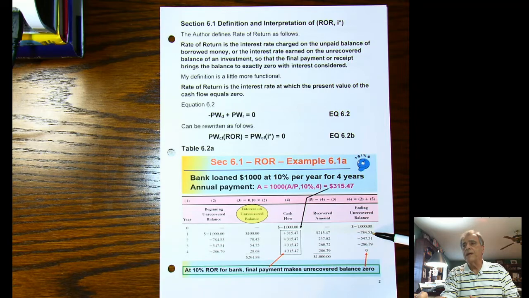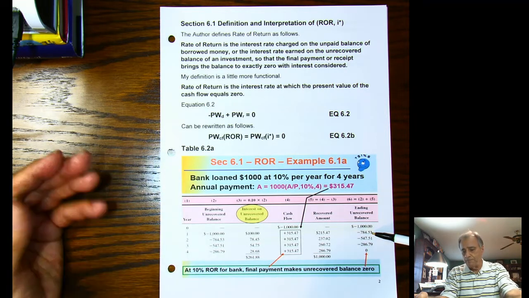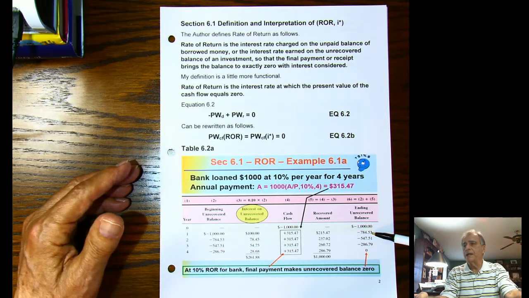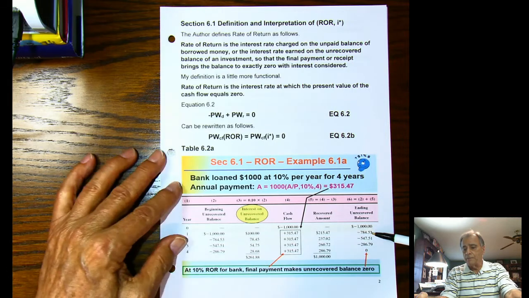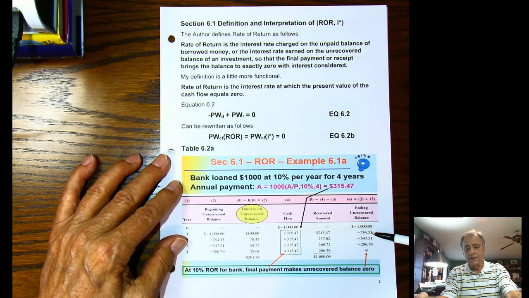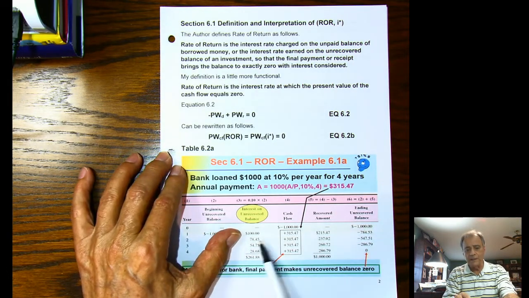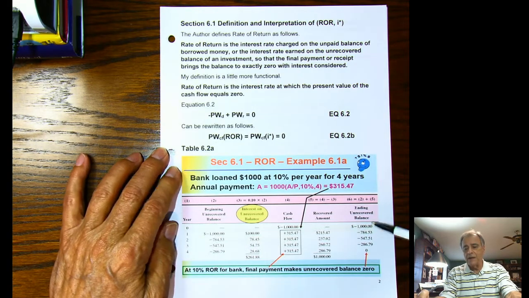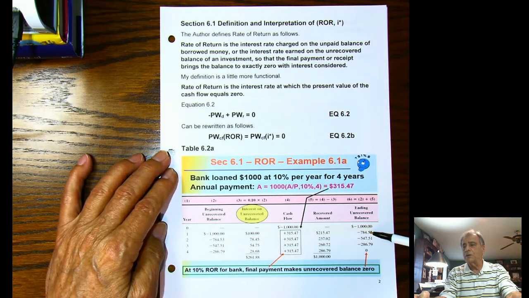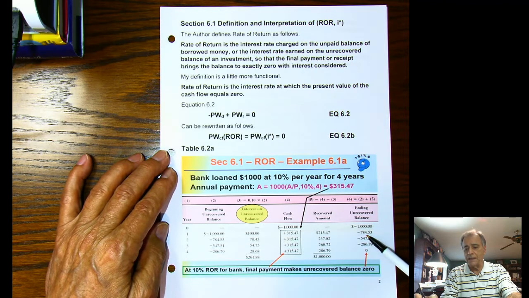Right after that payment registers, you still owe $784 because the first $100 of that went to interest. Now, how much interest are you going to owe at the end of year two if you owed $784 at the end of year one?